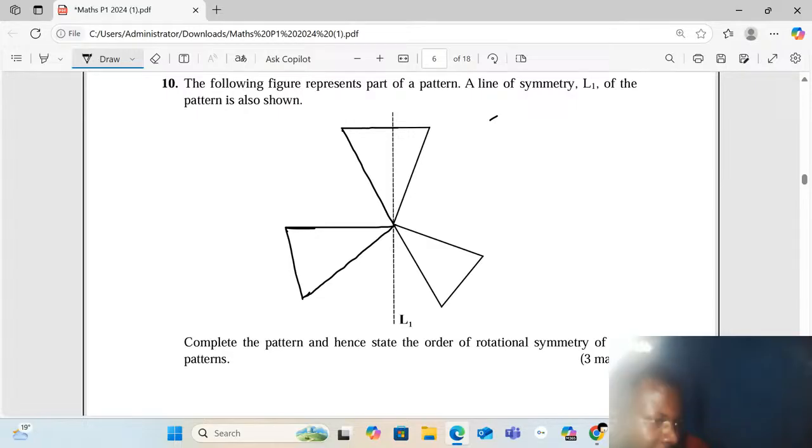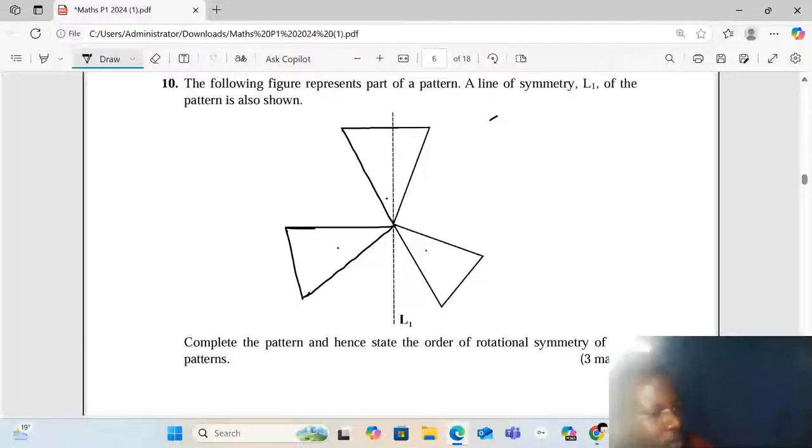Let's not be that perfect here, but this is how it's drawn. So this is now the line of symmetry. We shall have this one. So how many are we having? 1, 2, 3. So we've completed this one, half of this, and another full.